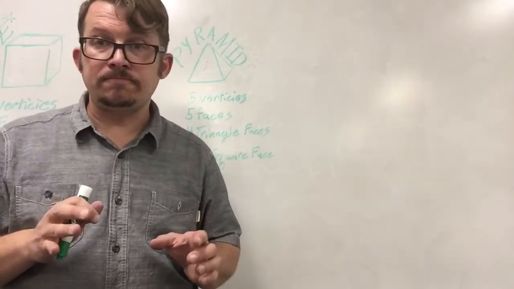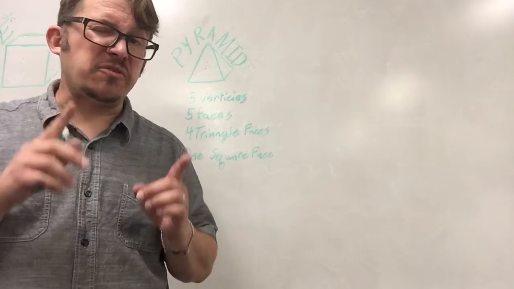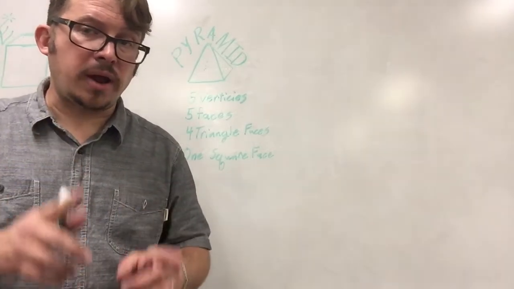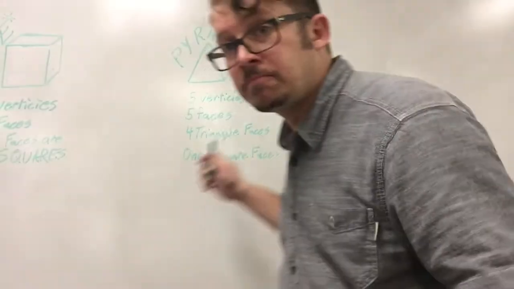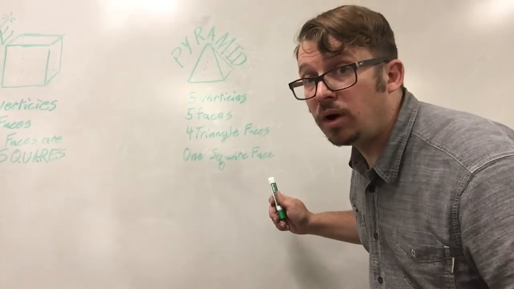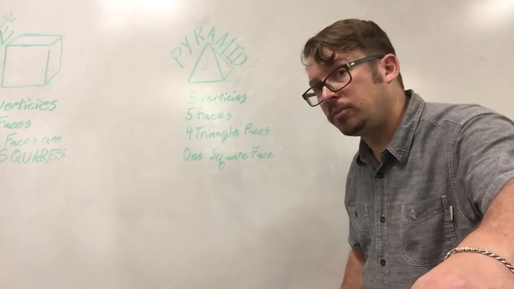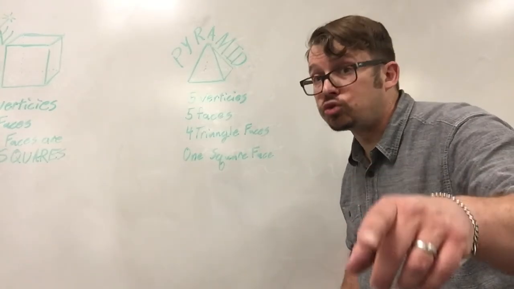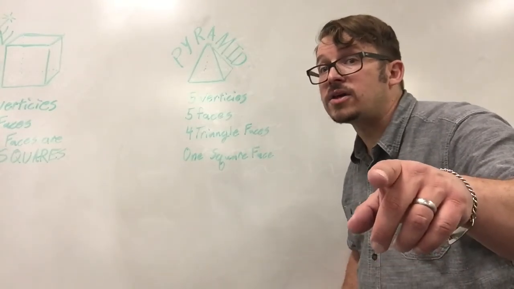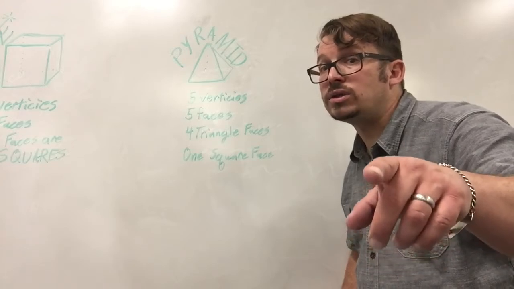And the pyramid has 4 triangular faces, but it also has 1 square face. There is such a thing as a triangular pyramid that has a triangular base and has 3 triangular sides.